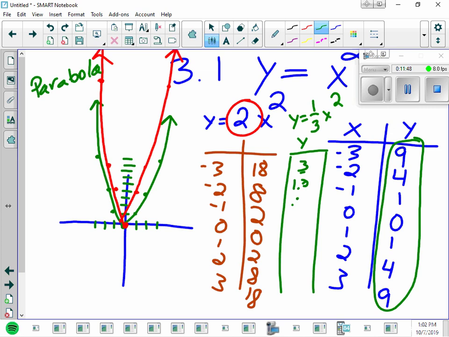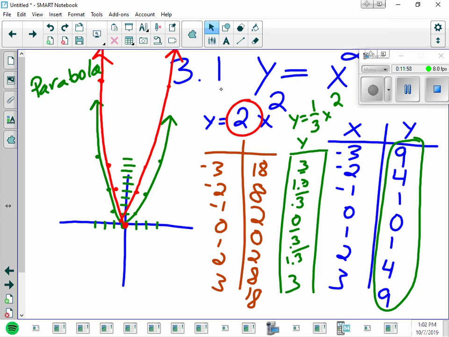And then 0.3 repeating. 0, 0.3, 1.3, and then 3. So let me graph those. So here, here, here, and here.